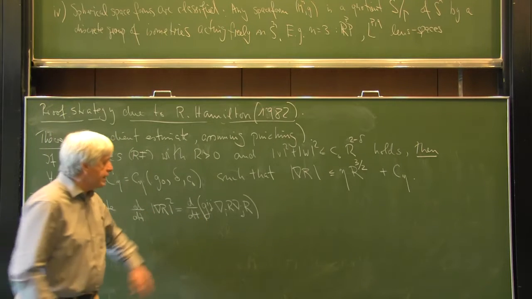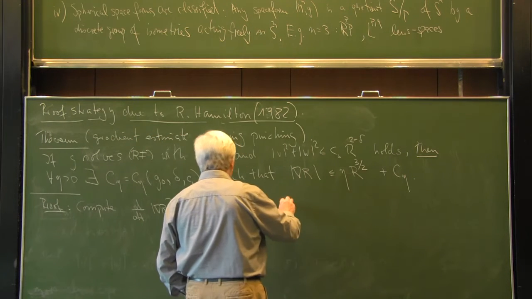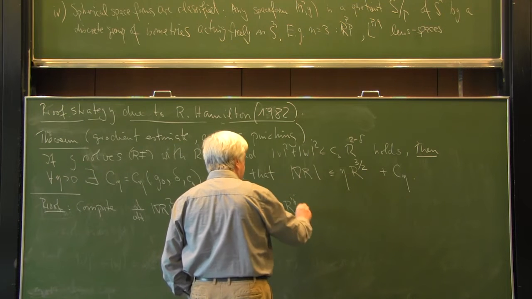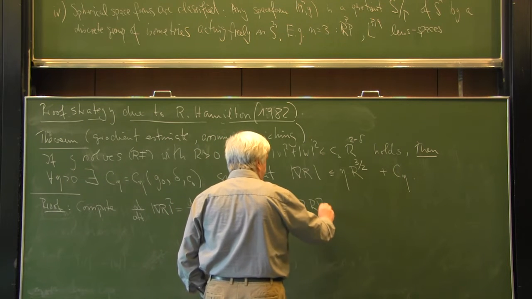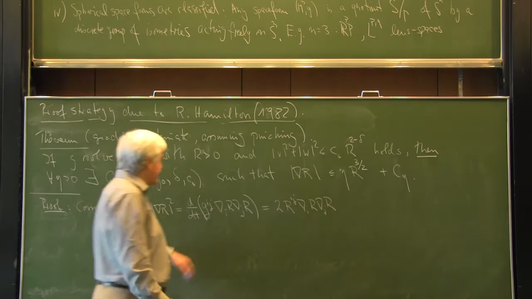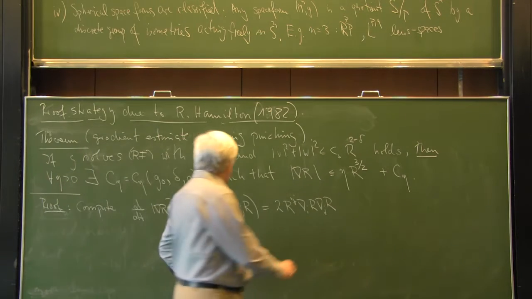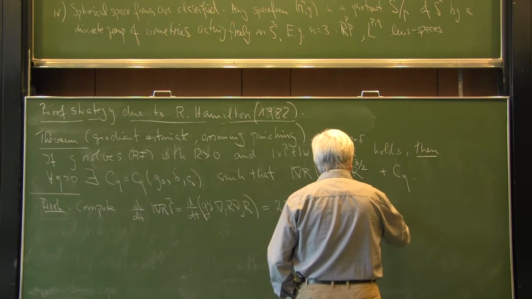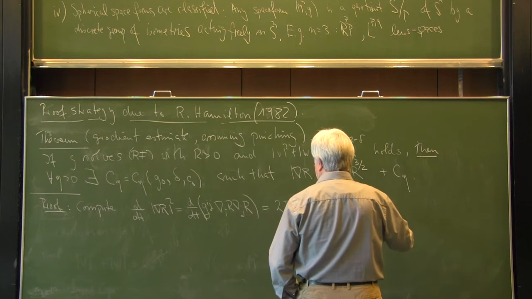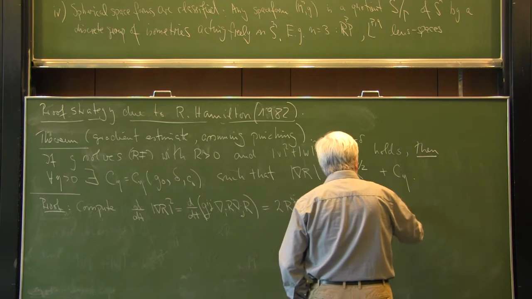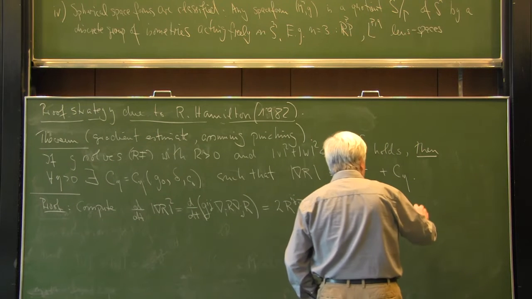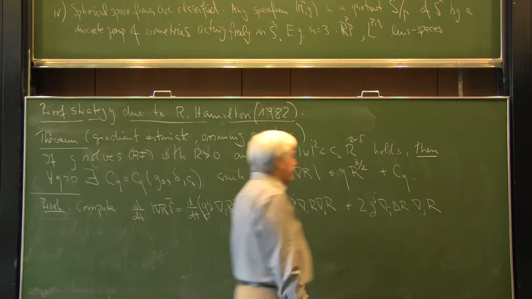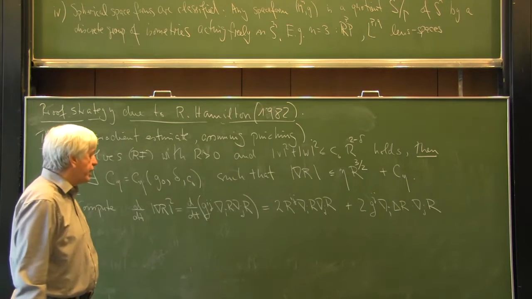And then from d/dt of the inverse metric, we get a term which is 2 times the Ricci curvature times gradient i R gradient j R. And then from here we get 2 times g_ij times the gradient of Laplace R times gradient j R, because it's symmetric in i and j.